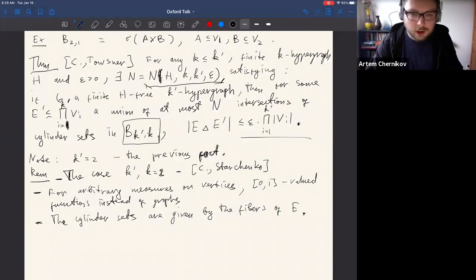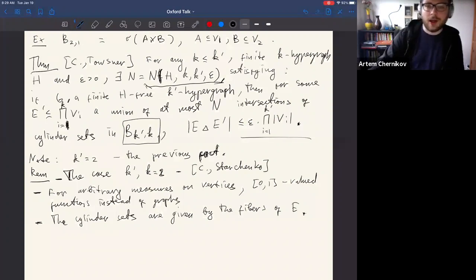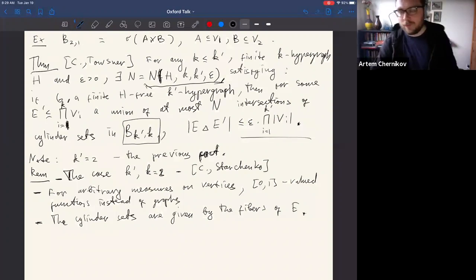Let me see, there's some question in chat. 0, 1 valued function. I see. Here one needs to be a bit careful, but basically the idea is that you fix some gap. Let's say you fix some R1 less than R2 in the interval 0, 1.